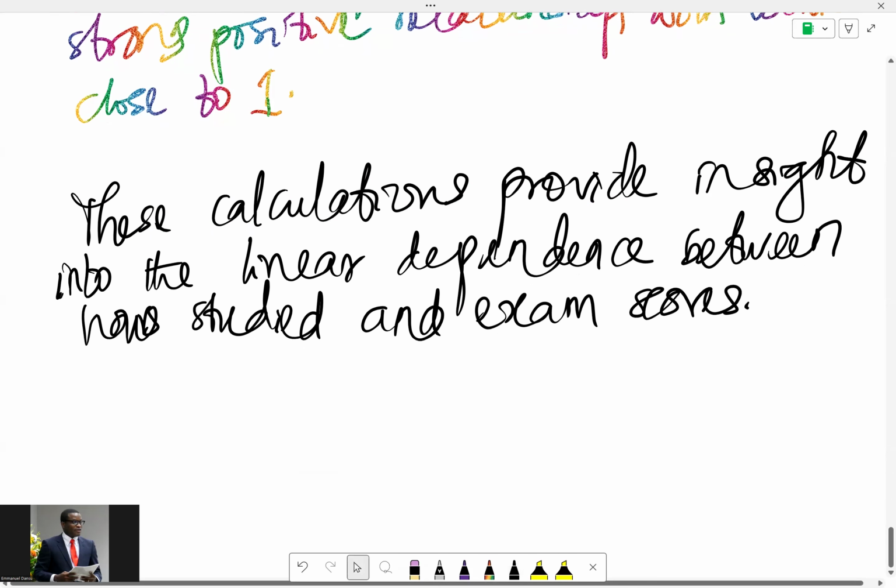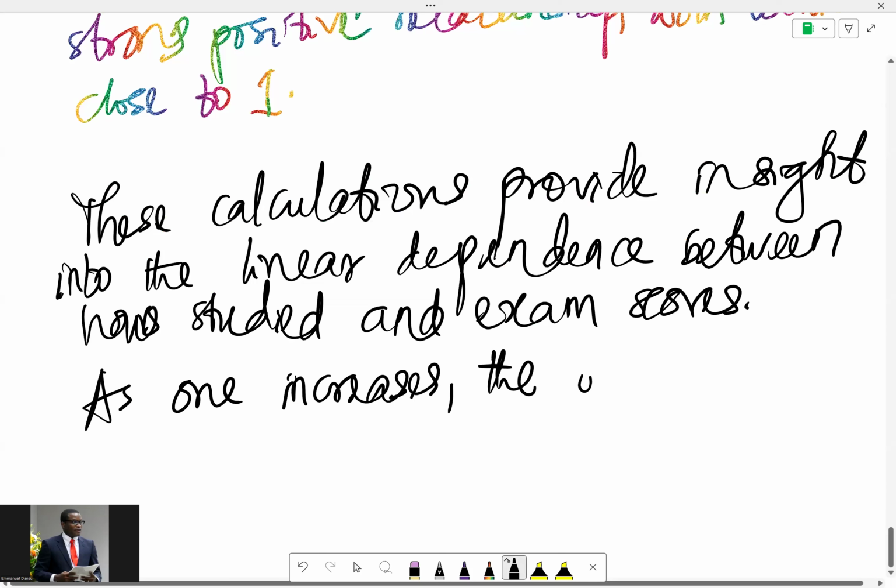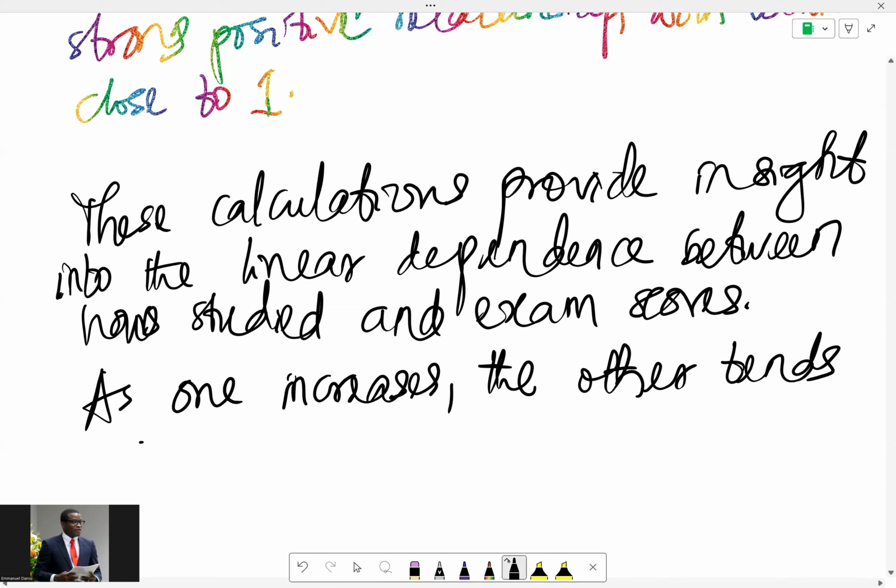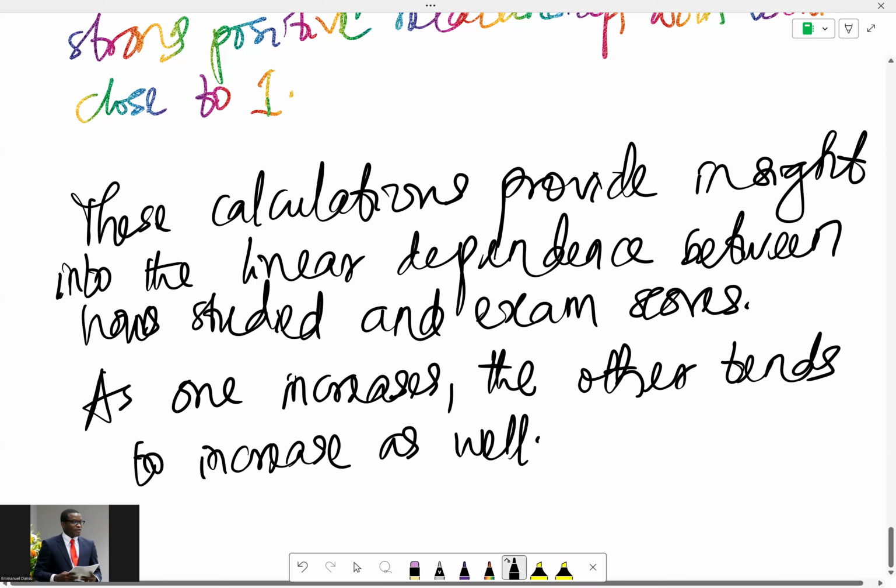Okay, so that tells us that as one increases, the other tends to increase as well. Okay, so that brings us to the end of covariance and correlation.